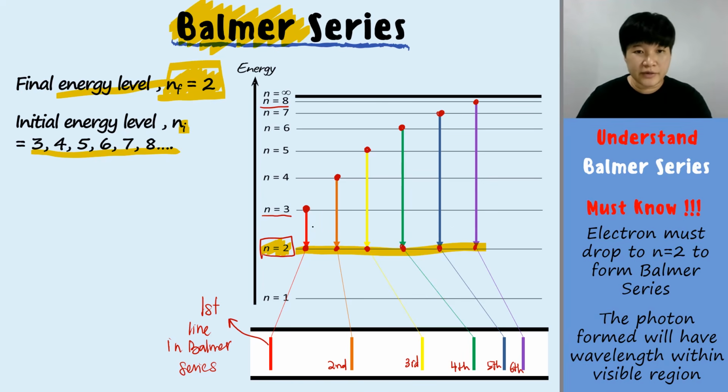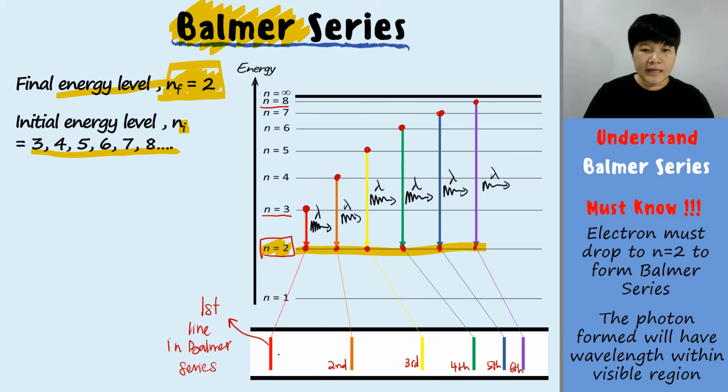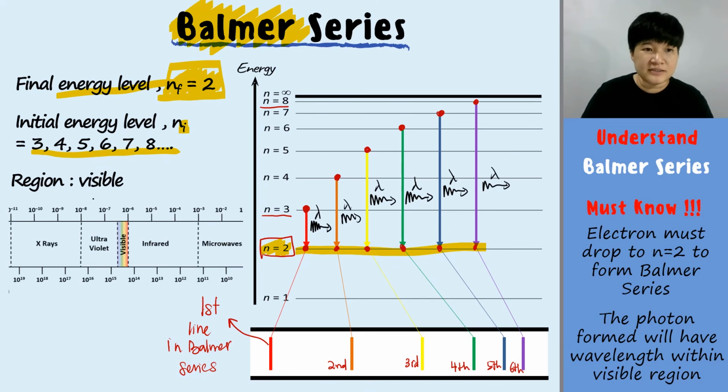And we know that during every one of these transitions, we will produce light that has a specific wavelength. Every transition produces a packet of light, a photon, that carries a specific wavelength. All these wavelengths drop into one region, and the region for the Balmer series is the visible region.